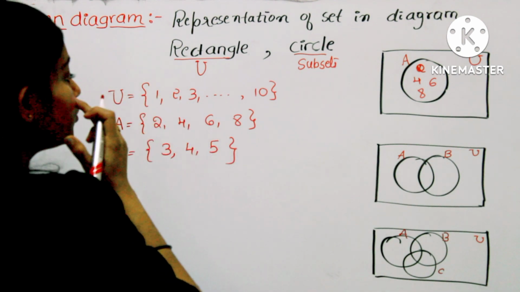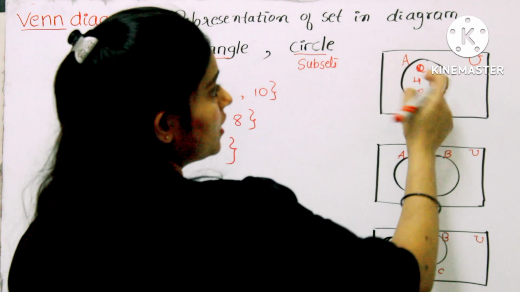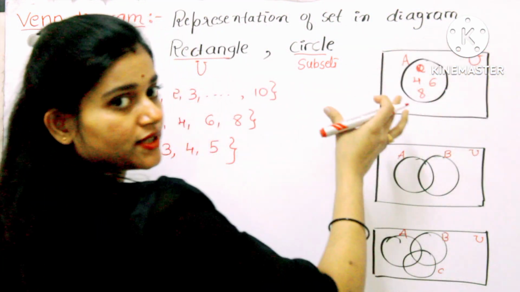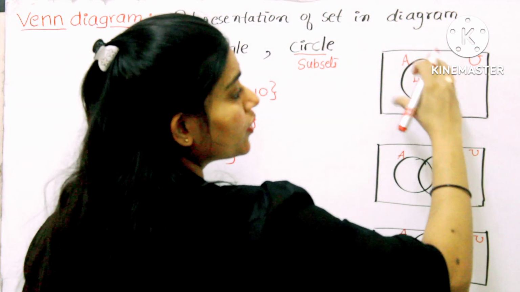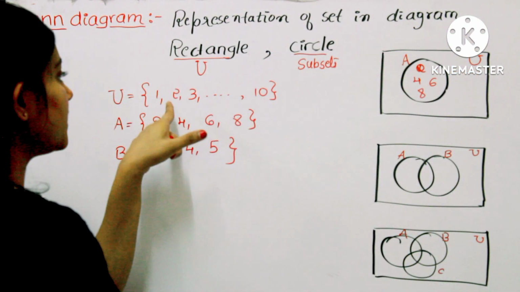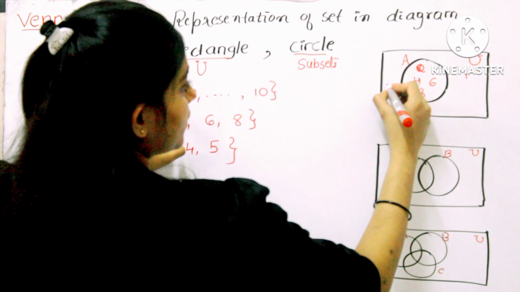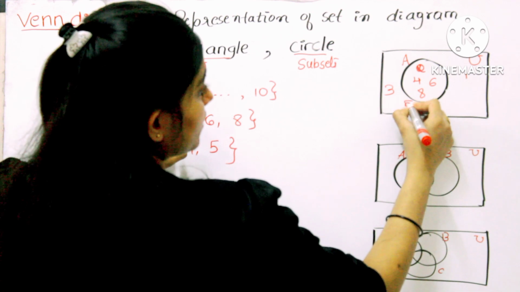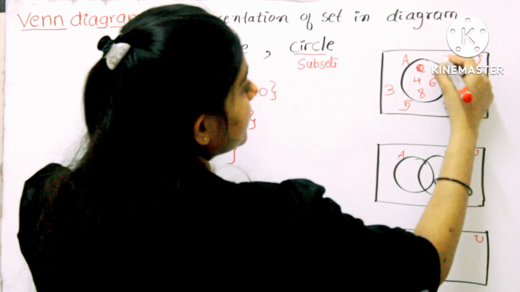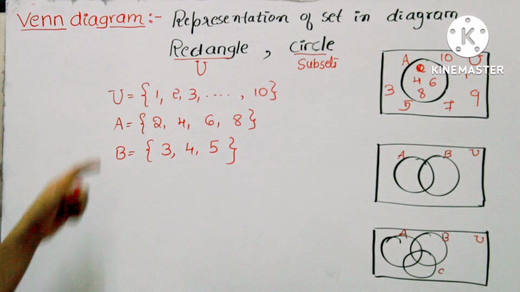You should remove the subset A, because you have already written it here, since this whole rectangle with this circle is the universal set. So there is no need to write 2, 4, 6, 8 again. After removing 2, 4, 6, 8, what is remaining? You have to write that in the rectangle. That is 1, 3, 5, then 7, 9 and 10, the remaining elements of the universal set.